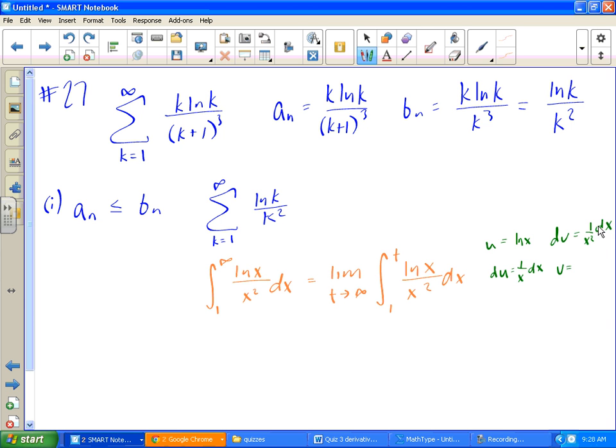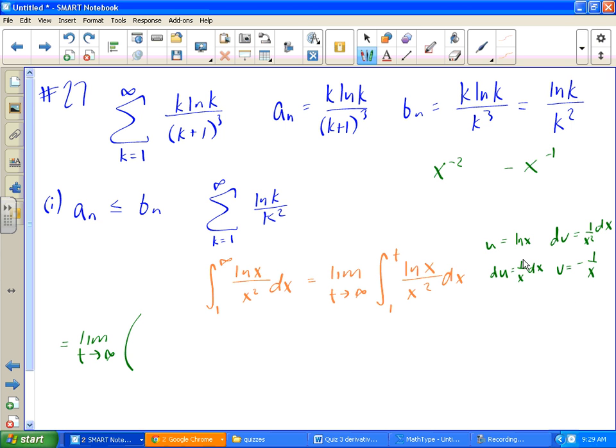And then I have to take the antiderivative of that, so you can think of it as x to the negative second. If I take the antiderivative, it's x to the negative first times negative 1, right? So negative 1 over x. So now I've got the limit as t goes to infinity.